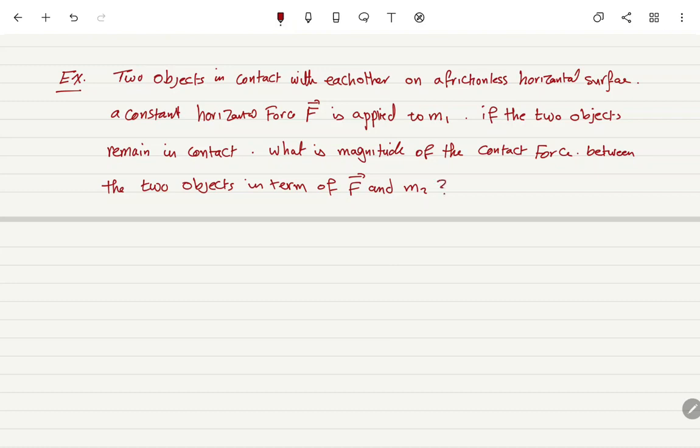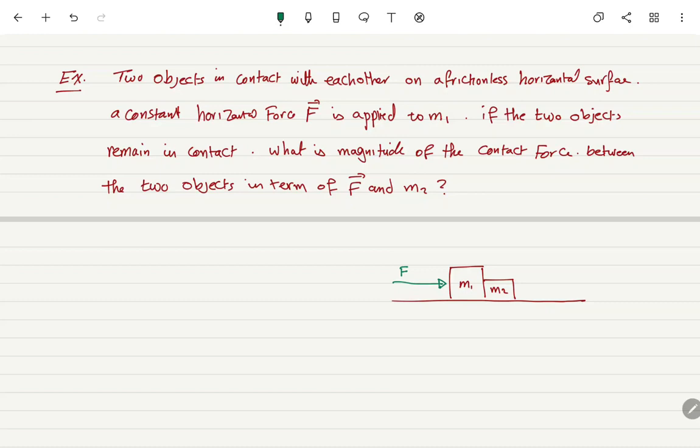Let's have a quick sketch for the question. So we have a flat surface, and two objects, name them M1 and M2. The acting force on M1 is F.